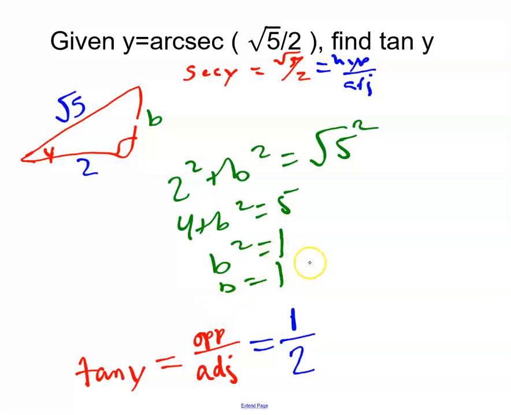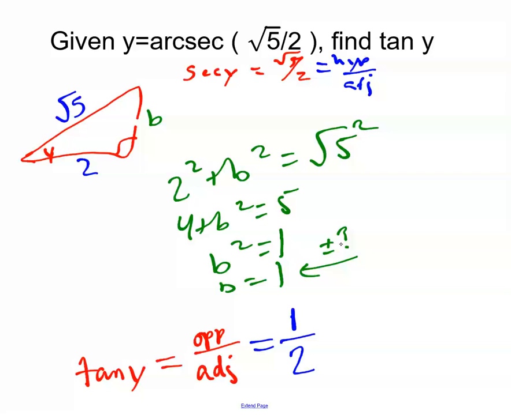Now, one thing you could ask yourself is that when we square root a squared, we usually have to do a plus or minus. So I'm going to put plus or minus question mark there. How do we know whether it's supposed to be a positive 1 or a negative 1?